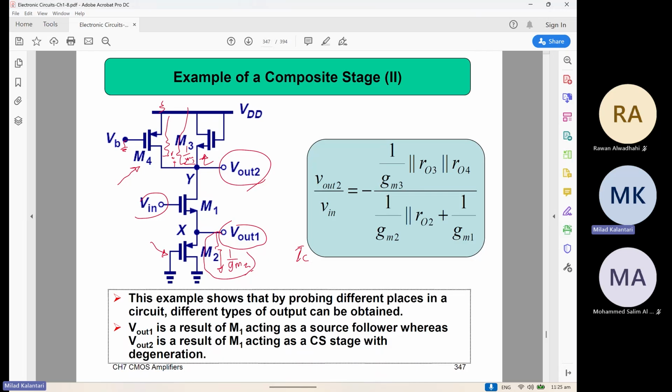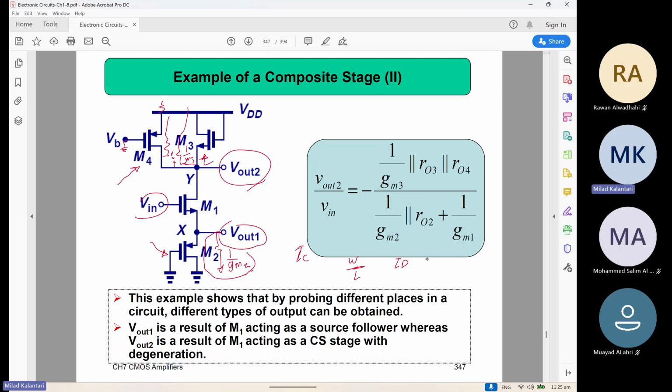But here, the size of the device comes into effect, basically W per L, in addition to the drain current. All of these things together can give you the GM and the R out and all of the things. So it needs a little bit more initial calculation to find the GM and the bias points. But after that, they are pretty much similar.